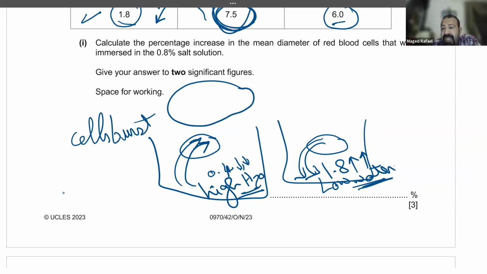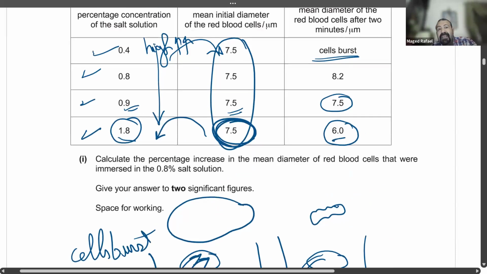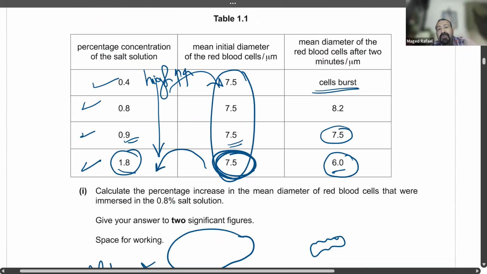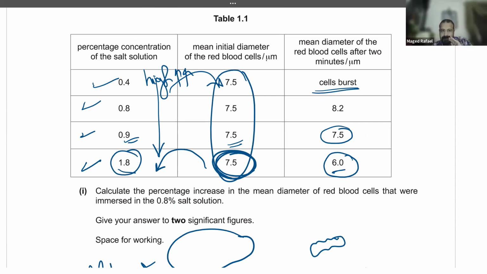However, in this solution, water moves from the cell, Bara, to the solution, and this means the cell shrinks in size and reduces in diameter. This is the idea, because here it is giving you the percentage concentration of the salt solution. This means this is the concentration of the salts.